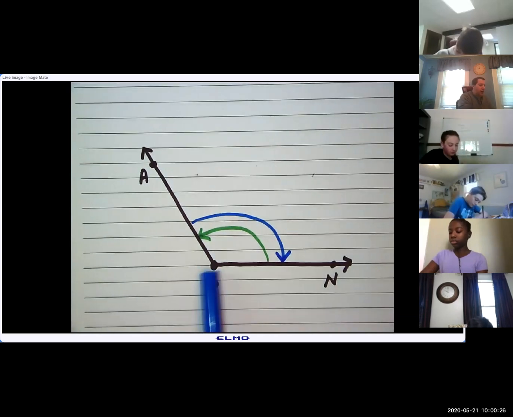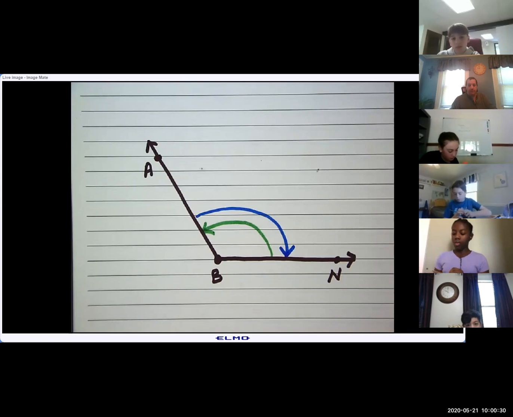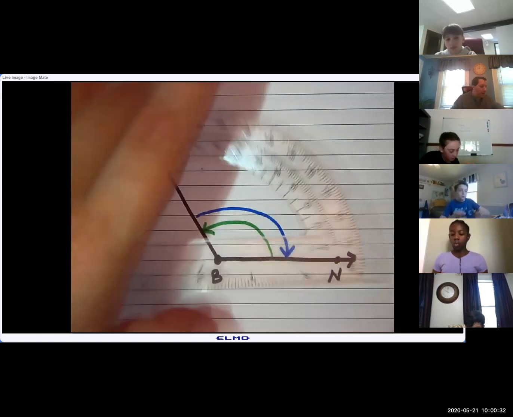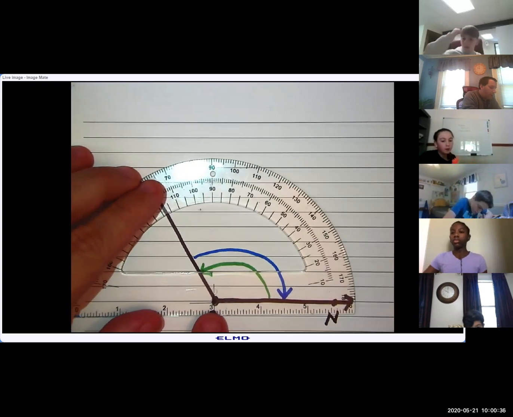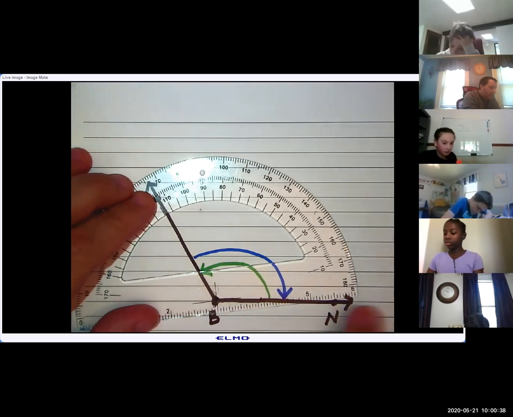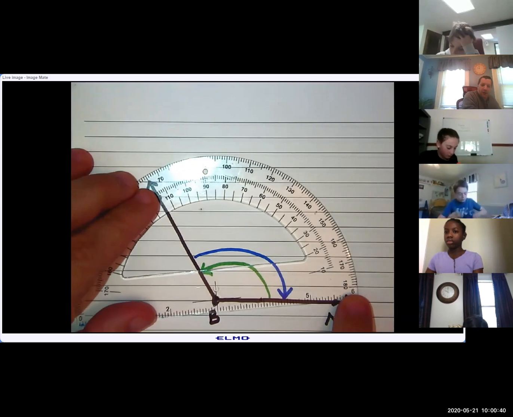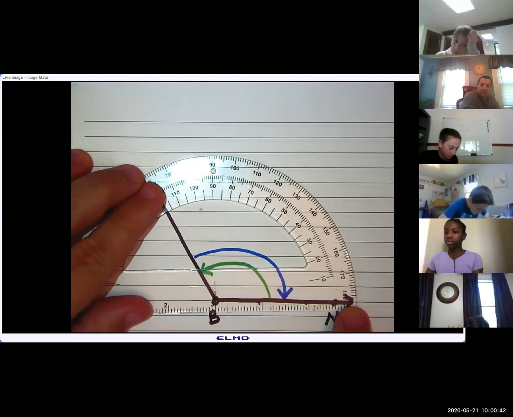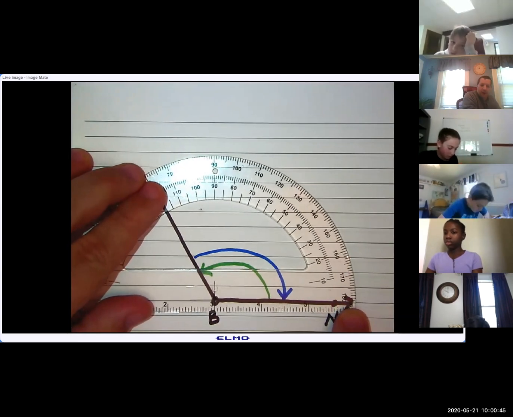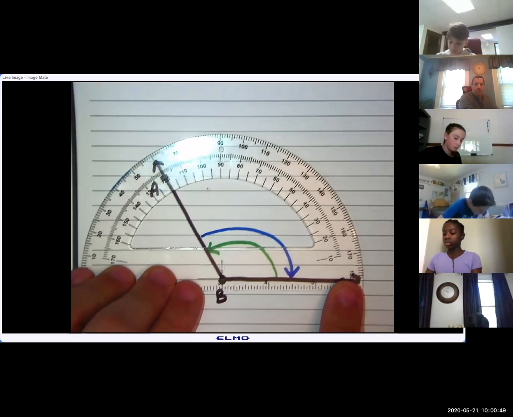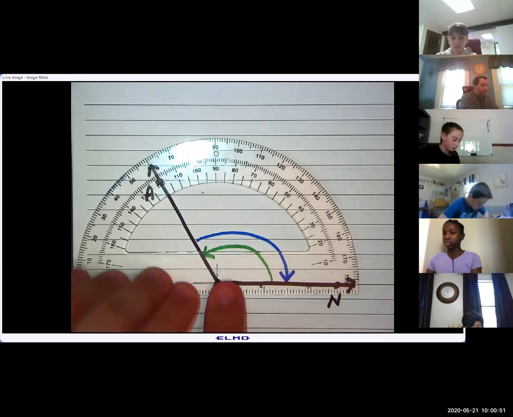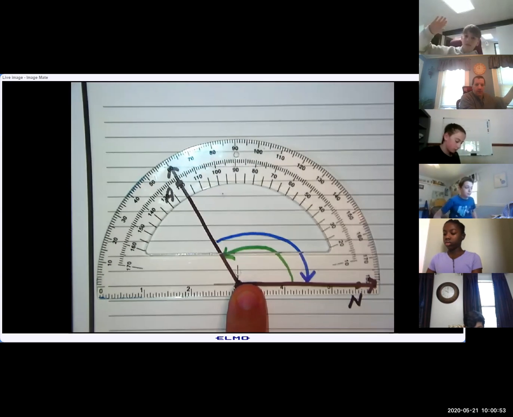I usually start with the ray that's on the bottom that's flat because it's easiest. Protractor down, hold on the vertex, and then the line that's over here, I'm going to rotate. I'm going to line it up with the ray that I'm starting at. Zoom in just a little bit so you can see.